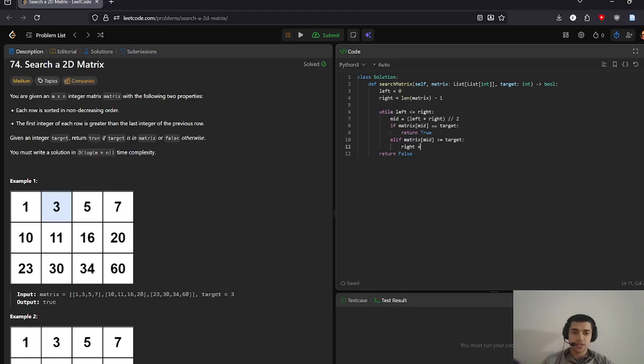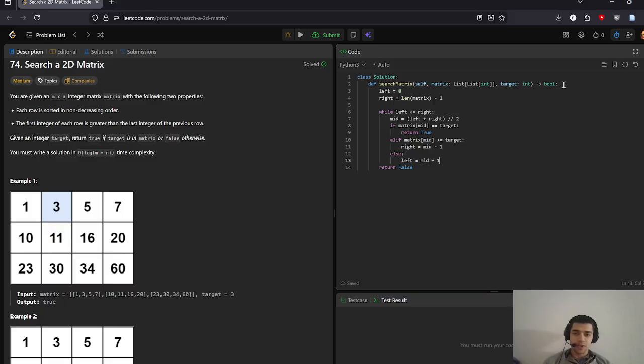So we do right equals mid minus 1, else left equals mid plus 1. So this is a normal binary search algorithm.